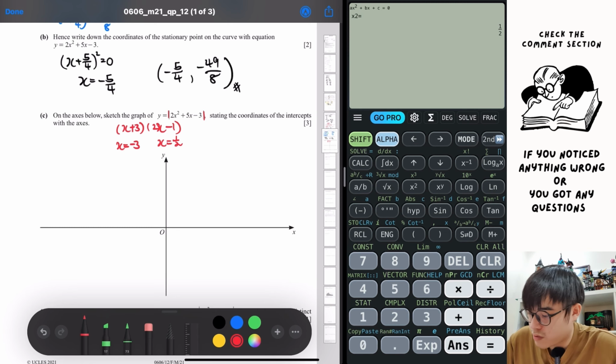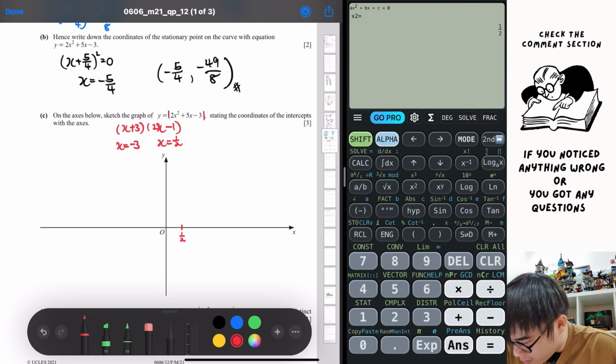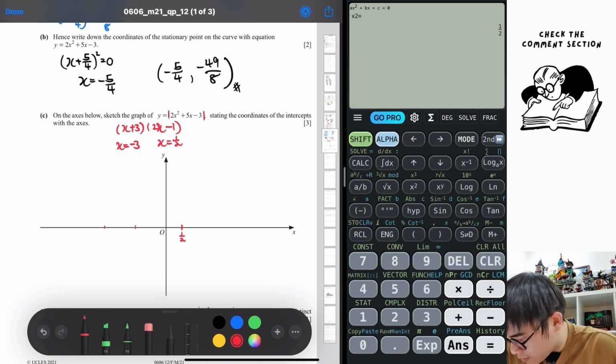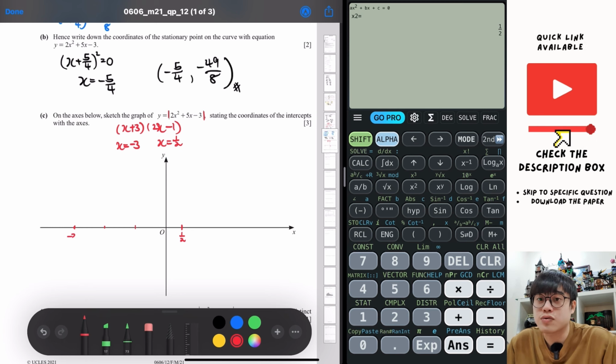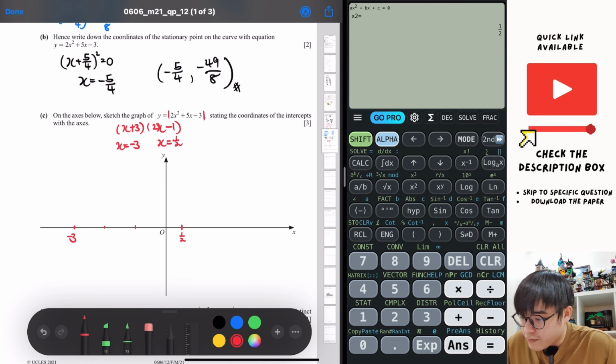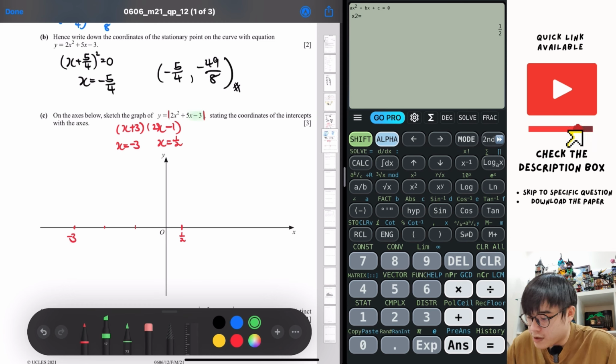Okay, so roughly maybe my 1/2 is somewhere around here. My 3, however, could be somewhere around here. Okay, those are the two things that I identified. Then when you look closely, this -3 is very important because it will tell us where it intersects. So they mentioned it was -3, so maybe it's somewhere around here.